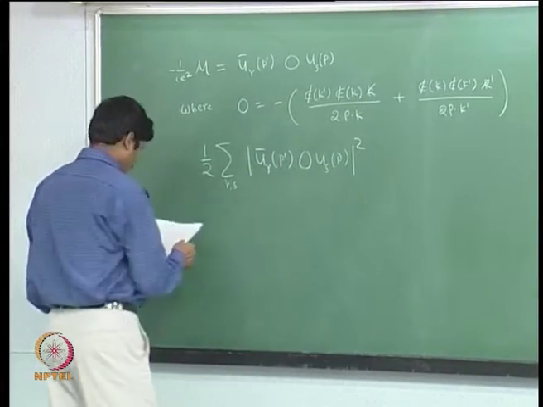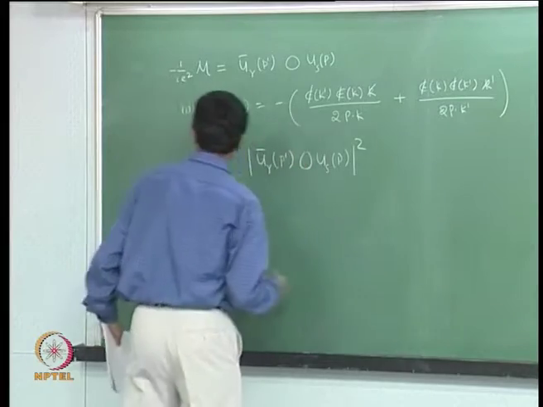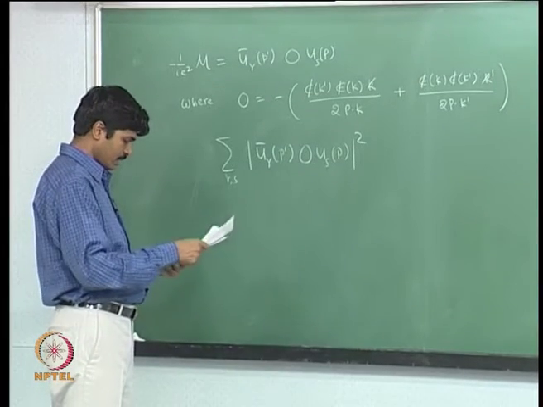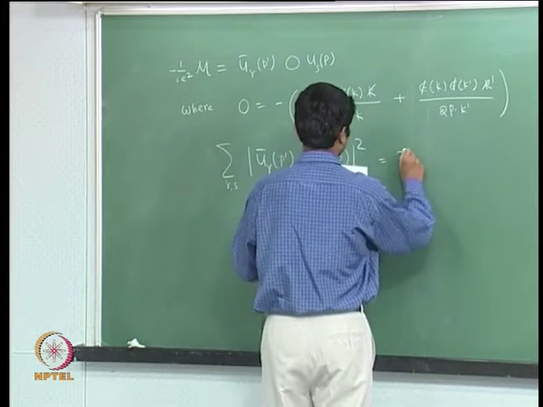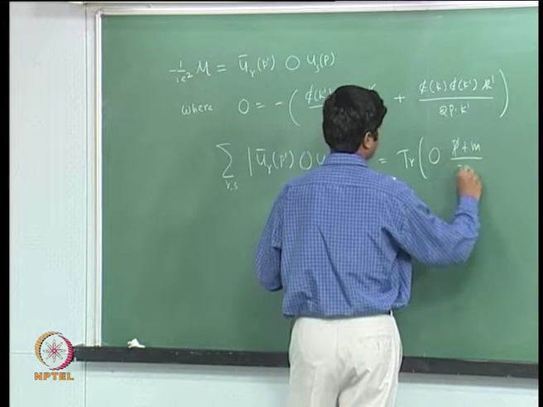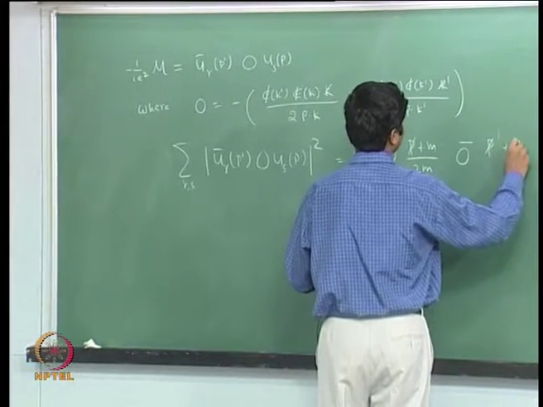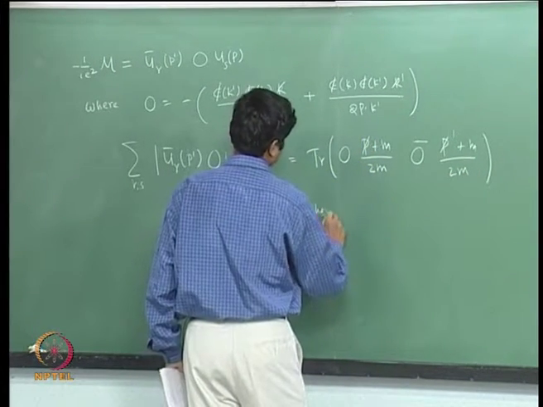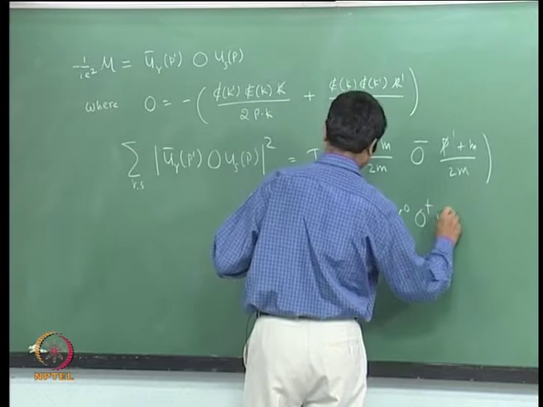So, we will evaluate this quantity here, and what I will show is that this mod square is equal to the trace of O (p slash plus m) divided by 2m, O bar (p' slash plus m) divided by 2m, where O bar is defined to be gamma 0 O dagger gamma 0.